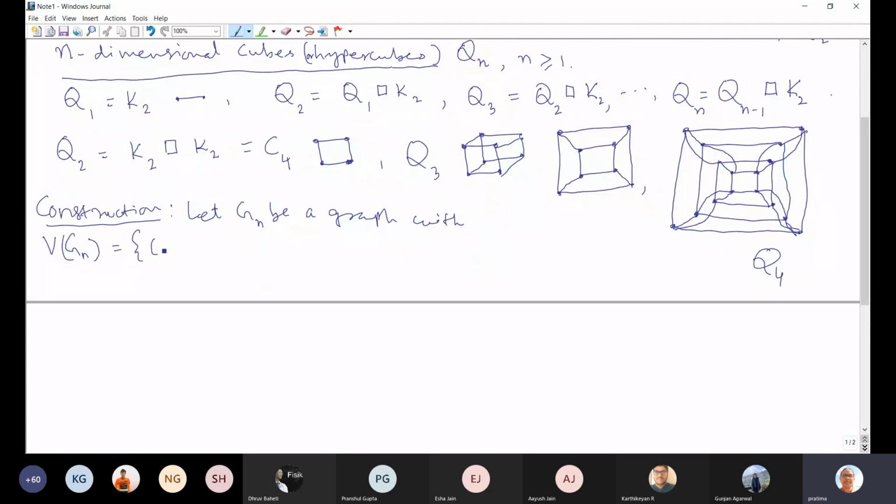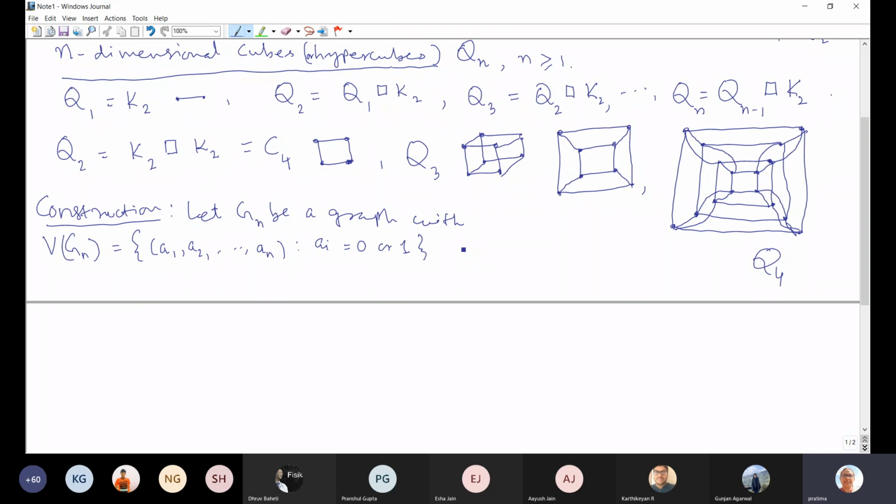I mean, these vertices will be n-tuples, so I can write them like this, a1, a2, up to an, or you can say strings of zeros and ones of length n, where each ai is equal to 0 or 1. Understand? This is the vertex set of this Gn.